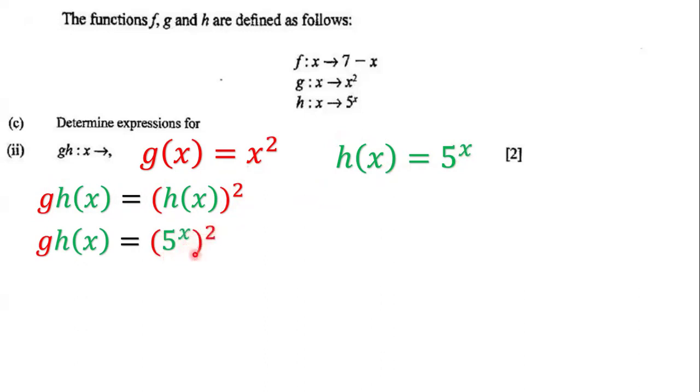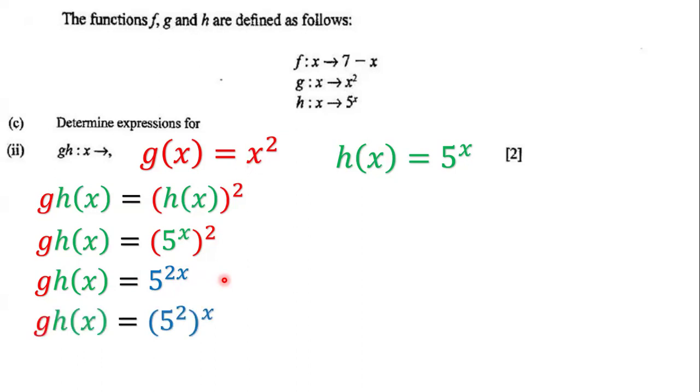Now, we're going to simplify this some more. Since we have this exponent inside and this exponent on the outside, we can multiply those two exponents. So x times 2 is going to be 2x. And so g of h of x is equal to 5 to the power of 2x. And what we can do is take this 2 and put it on the outside.